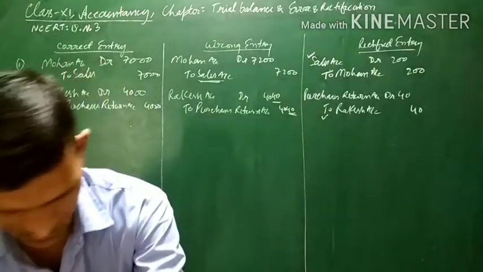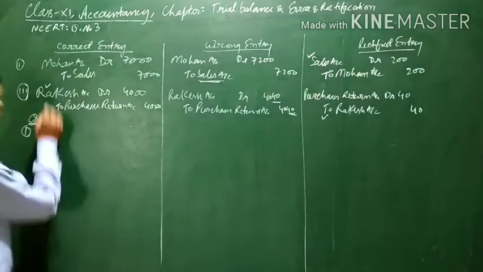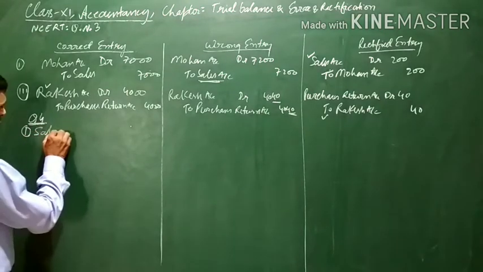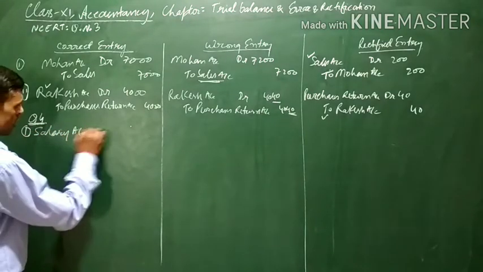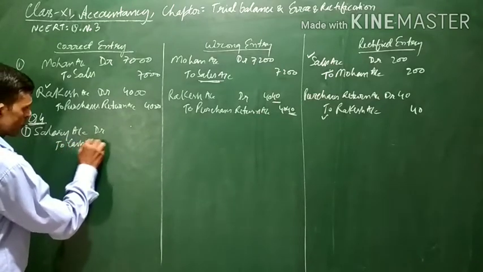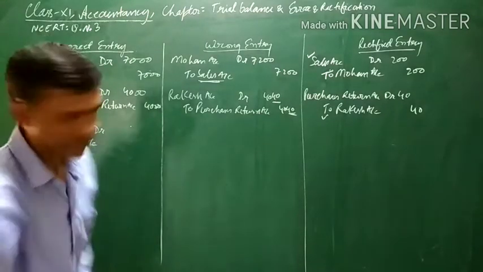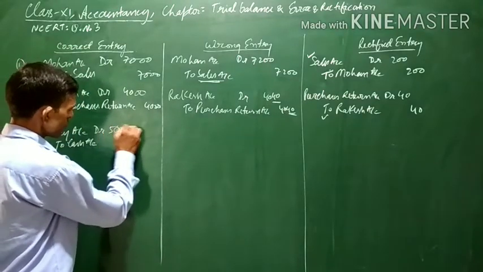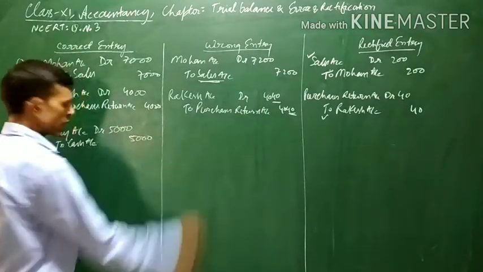Salary has been paid. Now here the correct entry will be salary account debit to cash account, amount is 5,000. This is the correct entry.